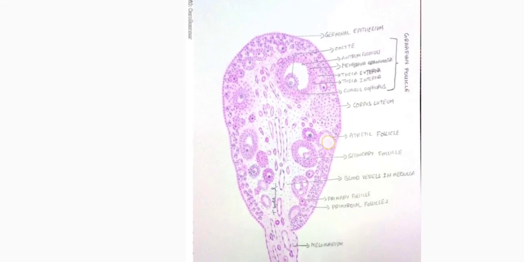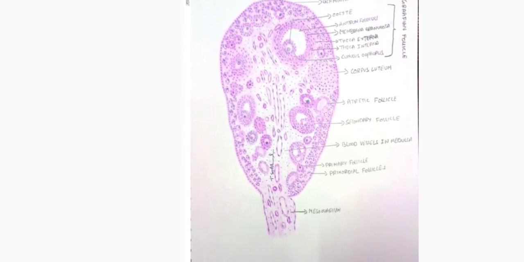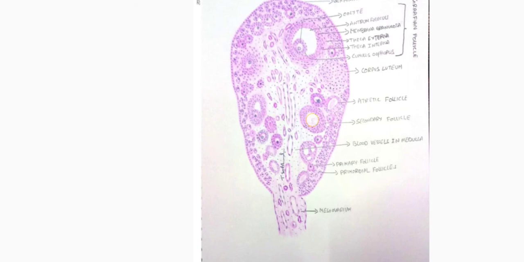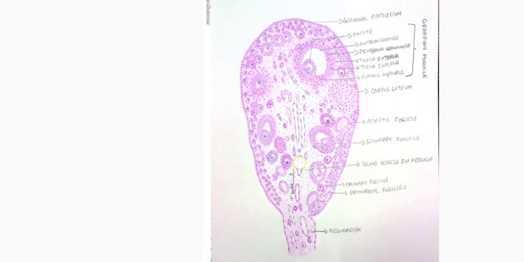And this is the atretic follicle, the follicle that undergoes atresia. This is a secondary follicle, and these are the blood vessels in the medulla.